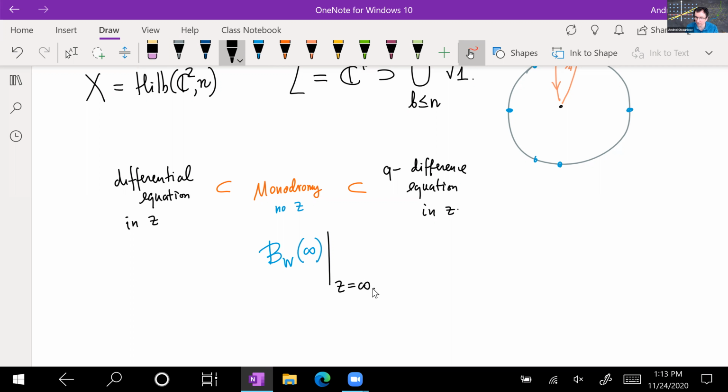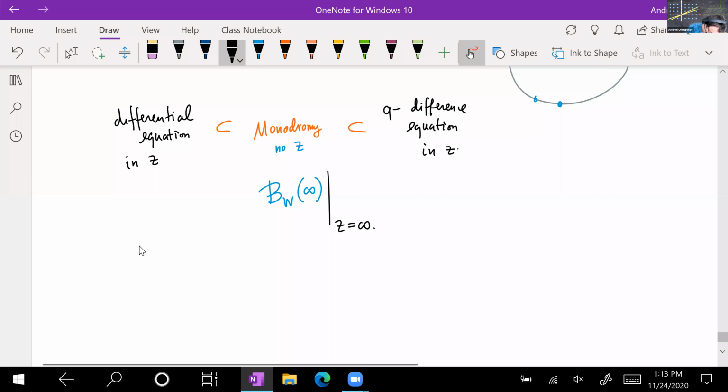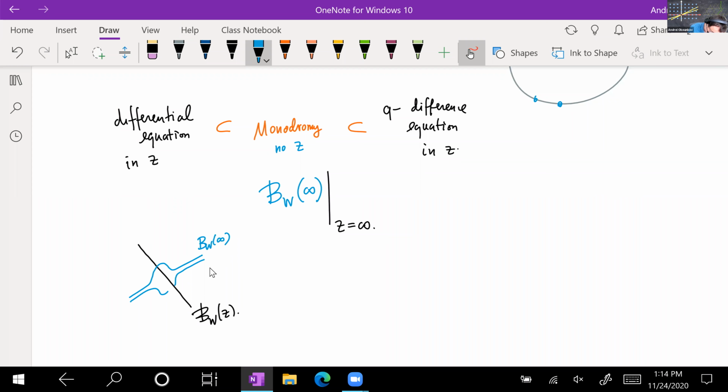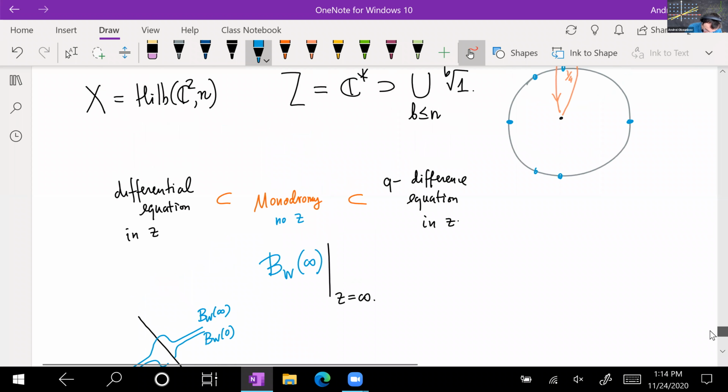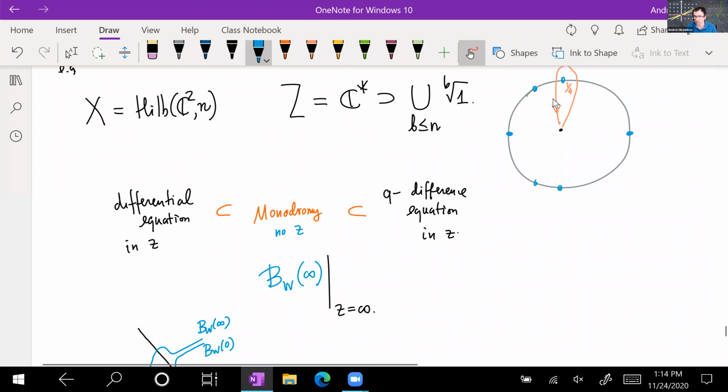And more generally, if you have this kind of dynamical groupoid, it has some wall operator depending on Z. Out of this wall operator, you can make two different kinds of overcrossing and undercrossing operators, which would be BW of infinity and BW of 0. In our case, the way I wrote them down, if you go the undercrossing, you experience no change because there are no singularities there. And if you go the overcrossing, you get exactly the monodromy.